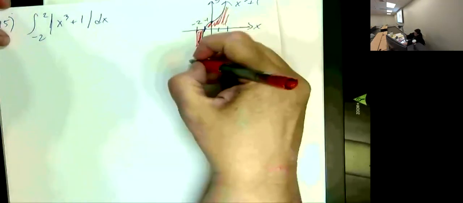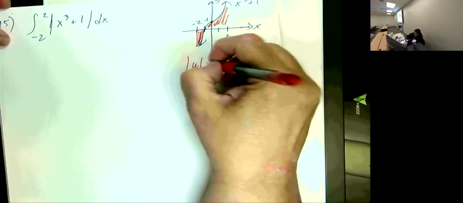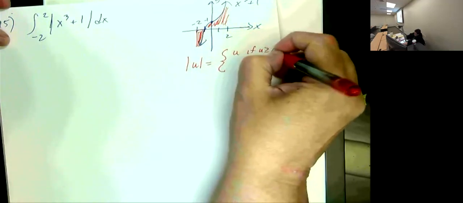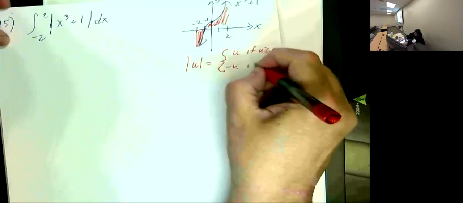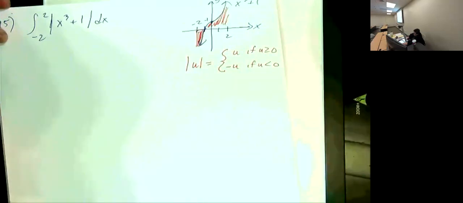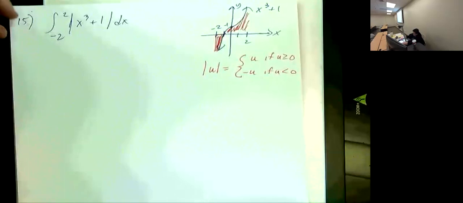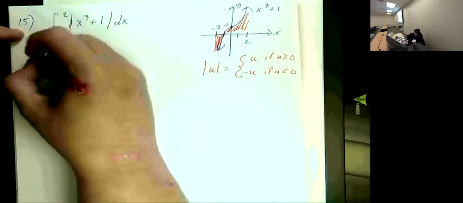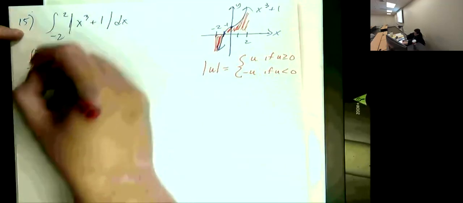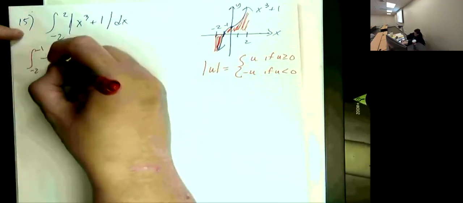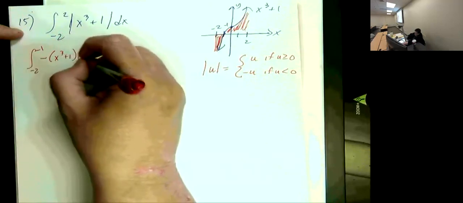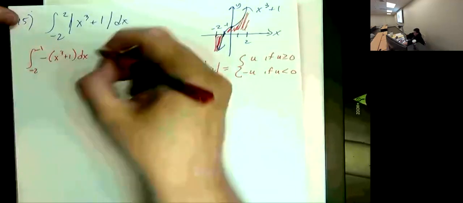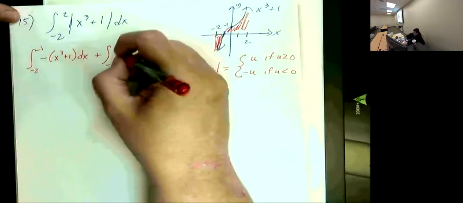Because remember, absolute value of u is u if u is greater than 0, and negative u if u is less than 0. So we're doing the u is less than 0 from -2 to -1. We're going to switch to the -1 there, and I'm going to say negative x cubed plus 1 dx. And then we're splitting it up into two regions. The other region, it's positive.